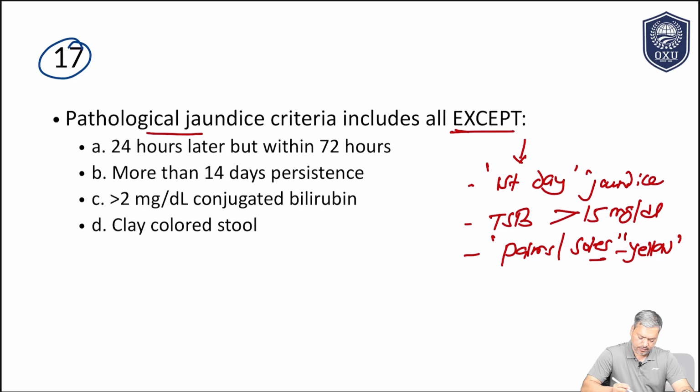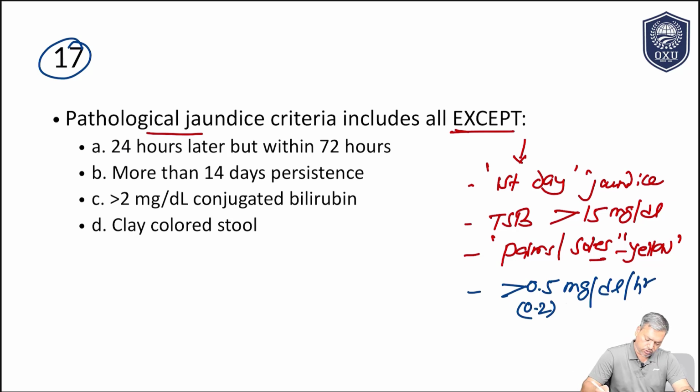Another is when the rate of rise is more than 0.5 milligram per deciliter per hour, or some books even mention 0.2, this is also pathological. And if the direct serum bilirubin is more than 2 milligram per deciliter on any day of life, this is pathological.